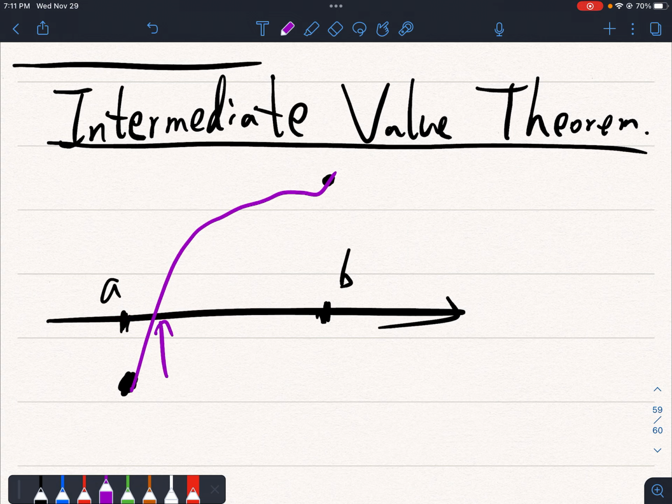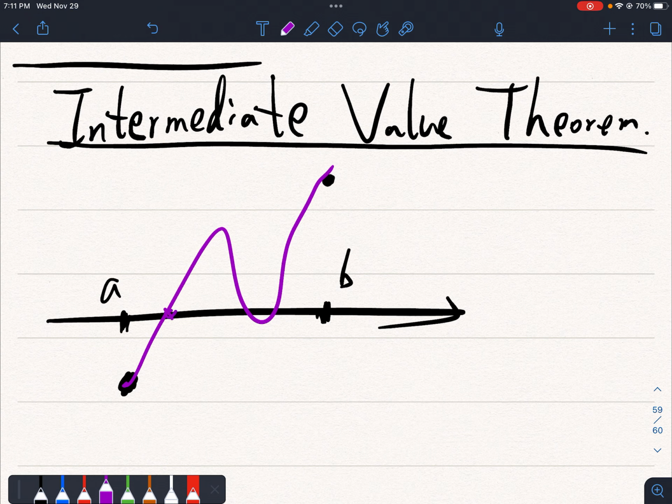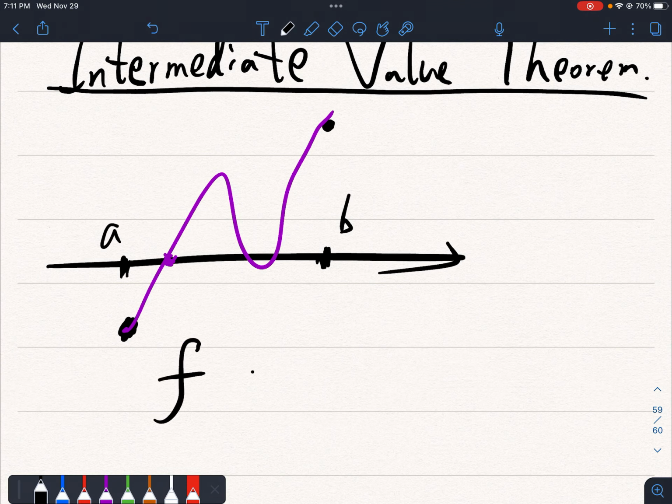So you can see it has to pass the x-axis at some point between a and b, right? It is because, if you don't want to cross this x-axis, then you cannot go to the positive value. Okay, so this is one of the clever observations. You have to pass at least once.